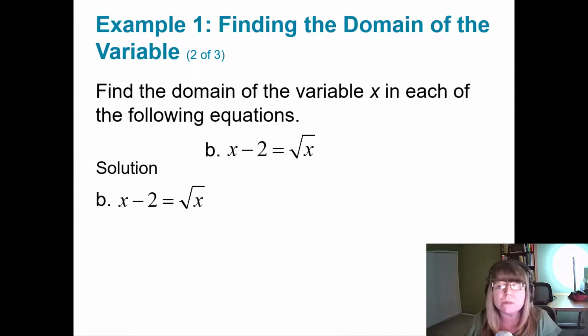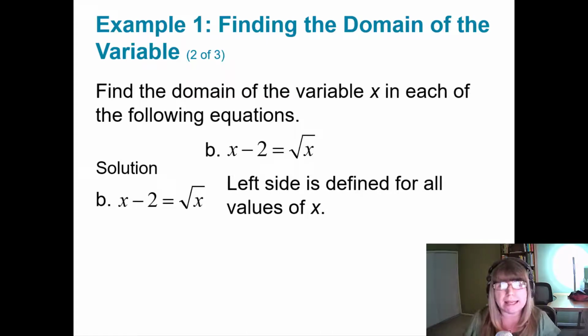And we can even throw 0 in there. 0 minus 2 is negative 2. That's still a real number. On the left, no problems at all. x can be anything it wants to be, and that left-hand side is still going to be a real number. Aha! But the right-hand side is a square root, and remember, we want to stay in the real numbers. When we take a square root of a negative number, we are no longer in the real numbers.